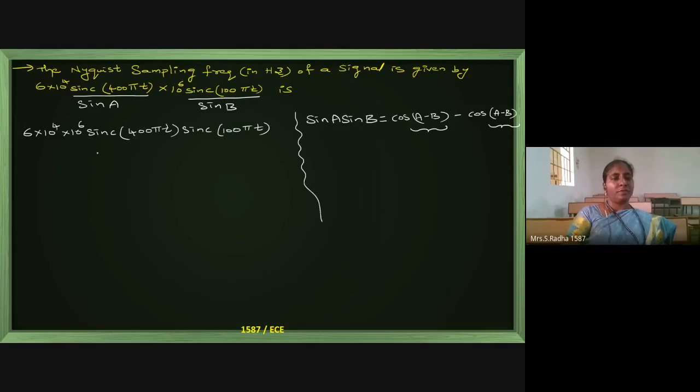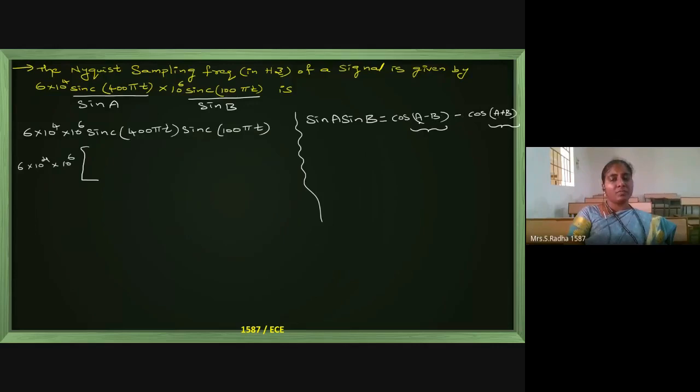Now the constants will remain the same. Other than that, you are going to have two terms, cos A minus B and cos A plus B. You can check this formula whether it is correct or not. However, this plus or minus will not give any effect on the angle.